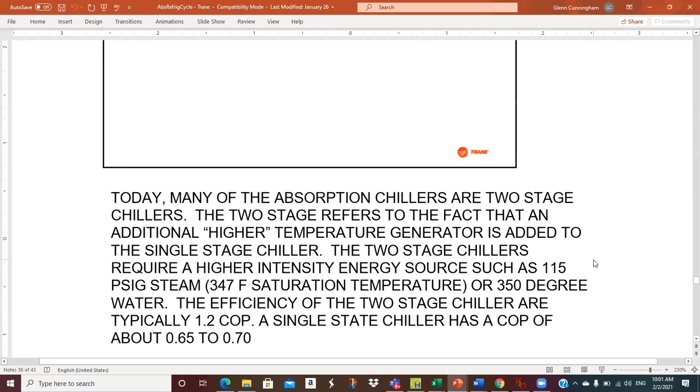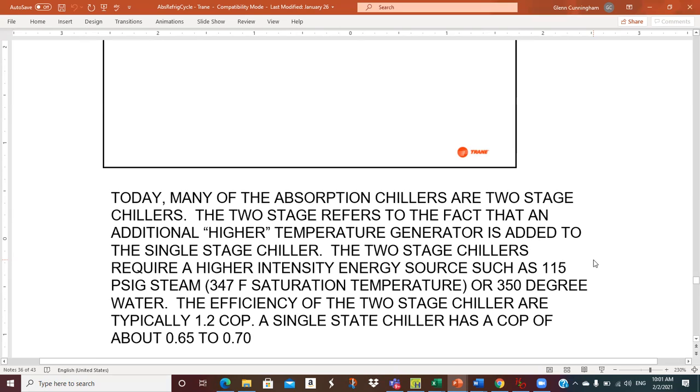We haven't talked about COPs yet, I don't think, and we will a bunch, especially in the next presentation. But a single-stage absorber, like we've been looking at, has a COP of 0.65 to 0.7. How bad is that? Remember what COP is, it's dimensionless, so you put the numbers in the same dimension. It's the cooling effect, in tons or probably BTUs per hour, divided by the heat input.